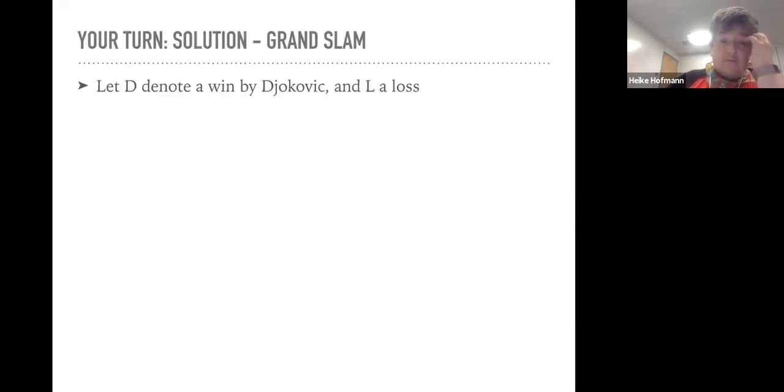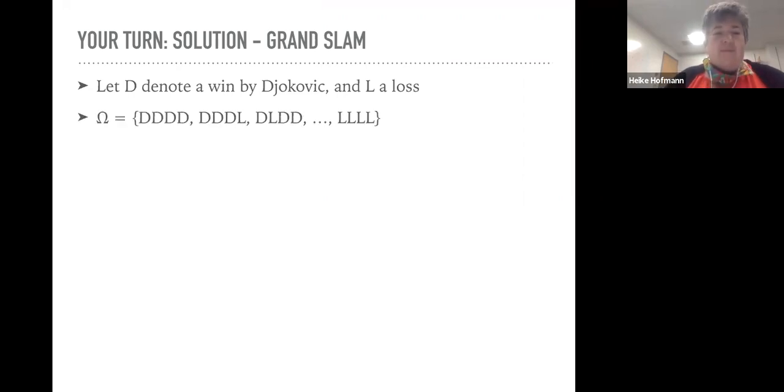Okay, so let's just come up with some sort of notation. So D means Djokovic wins, L means he loses. So we can set up a sample space that essentially consists of all possible outcomes of the 4 major tournaments.